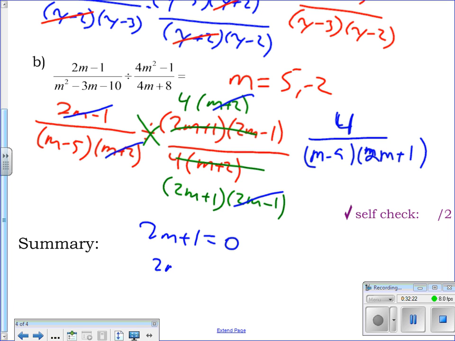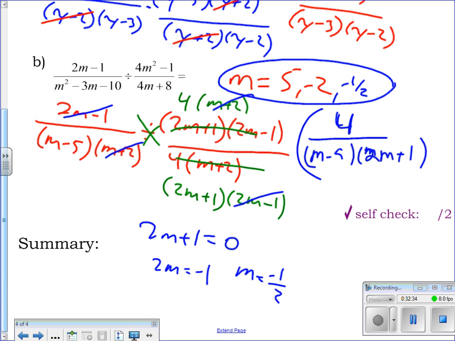Subtract 1, 2m equals negative 1. Divide by 2, m equals negative 1/2. So that means I can't have negative 1/2. It's also in my domain restriction. If it's not easily seen, just take that factor, set it equal to 0. Okay? Questions? You've been a wonderful audience.